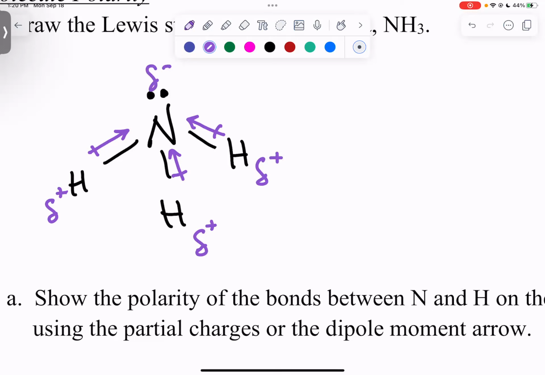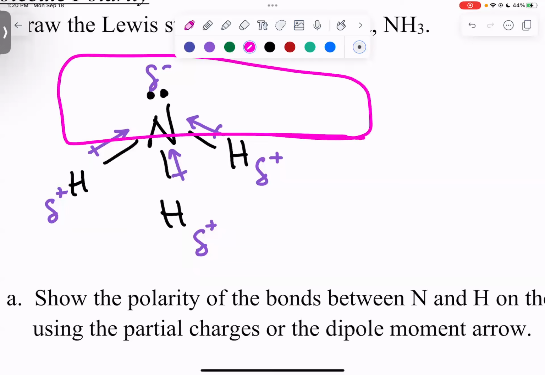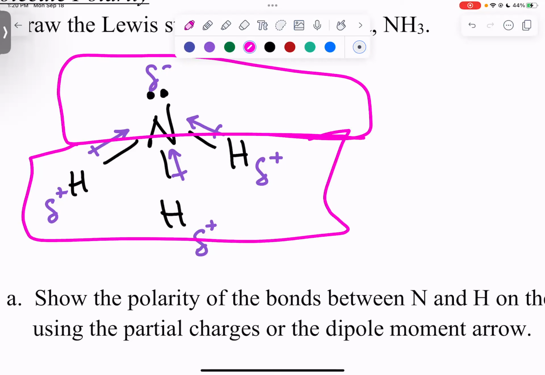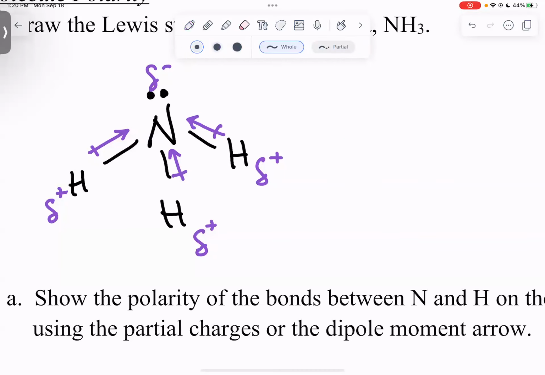And if we wanted to look at the overall molecule, because each of these arrows that I've drawn is just for a bond, I need to pick a side of the molecule that's more negative. Up here is more negative, down here is more positive, right? So basically I'm going to draw an arrow. Try not to lift my pen.